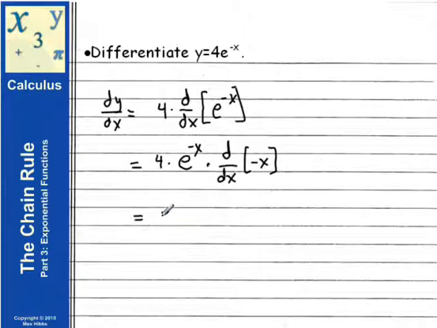So we have 4 times e to the power negative x times negative 1, and then we simply rearrange. 4 times negative 1, we'll write as negative 4, e to the power negative x. So this required using the constant multiple rule in the beginning and then the chain rule on e to the power negative x.